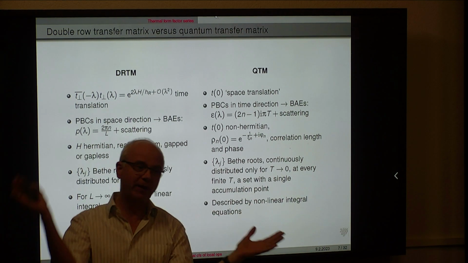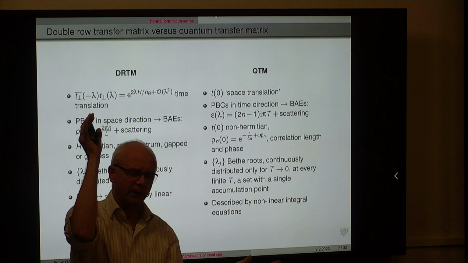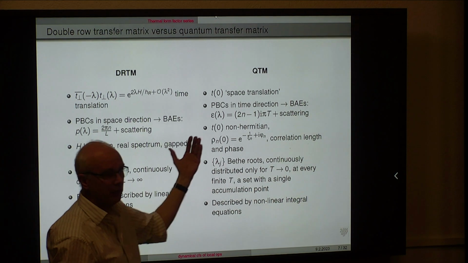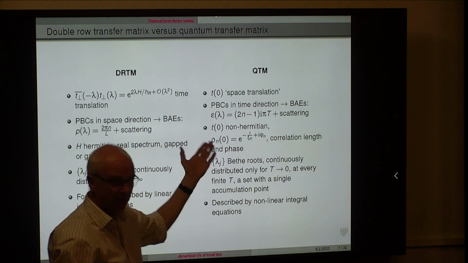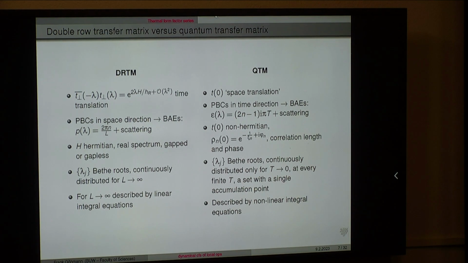This corresponds to a big rotation. You have time and space corresponding to momentum and energy. So you're now quantizing the energy, and you have rather different Bethe equations, different eigenstates, and a different basis, which may be more useful than the Hamiltonian basis, or less useful. You'll have to see, right?